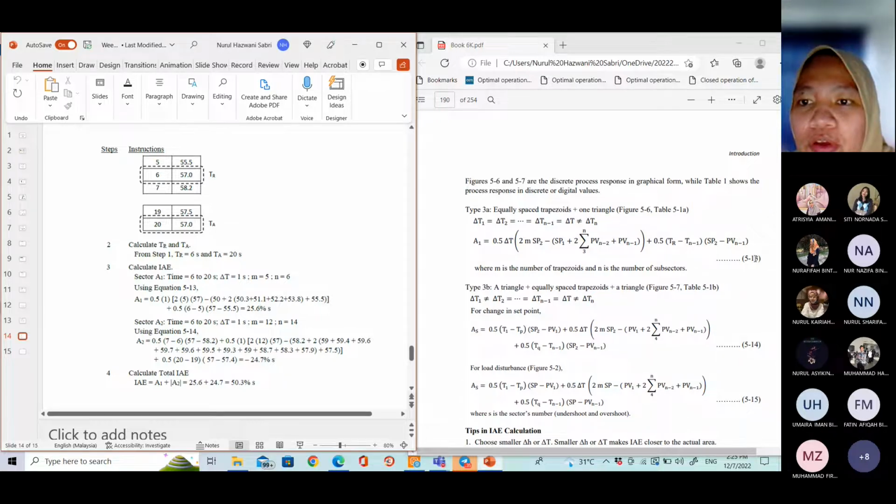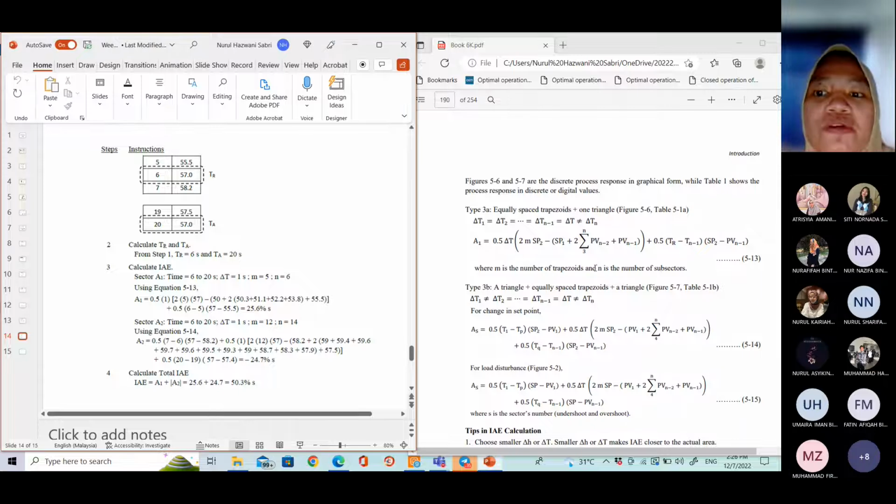Okay, but before you calculate the area, you need to identify the time from, yang ni, time is from 0 to 6 second. So delta T, you already know, which is 1 second. M and N, this one basically, M is the number of trapezoid and N is the number of subsector.